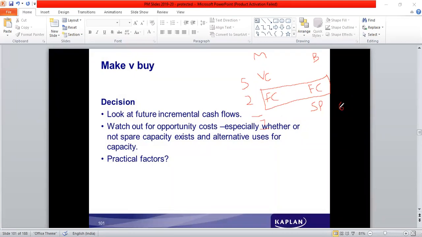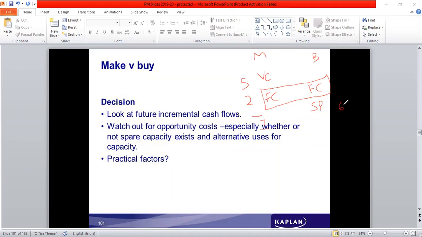A very basic question. See, let's say that to make the component, it is 7. How is this 7? 5 is variable cost and 2 is fixed cost, and the cost of making this component is 7, but the supplier is offering at a price of 6. So should we make the component or buy it from the supplier?